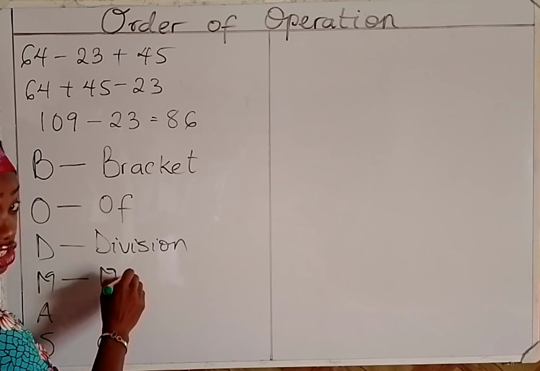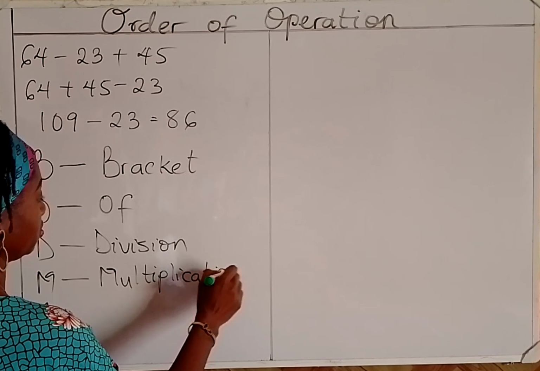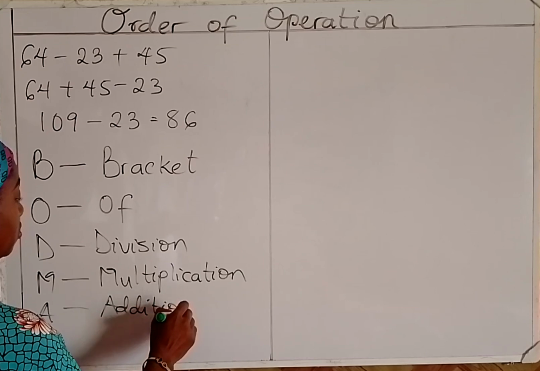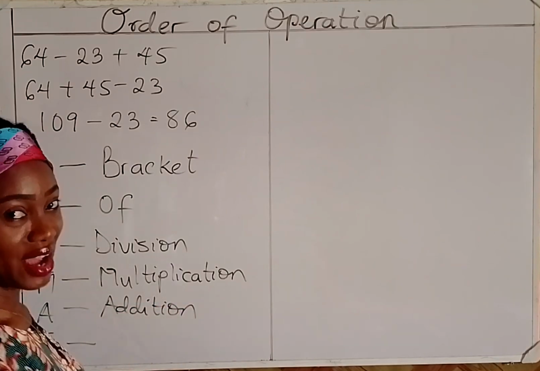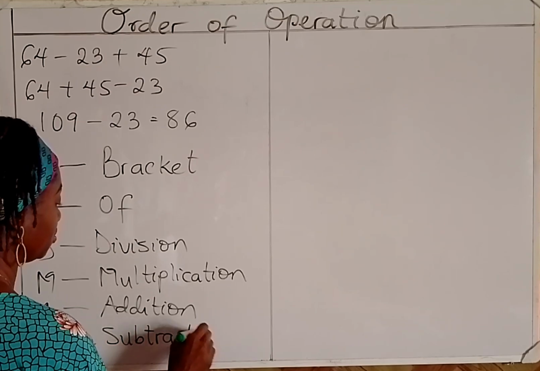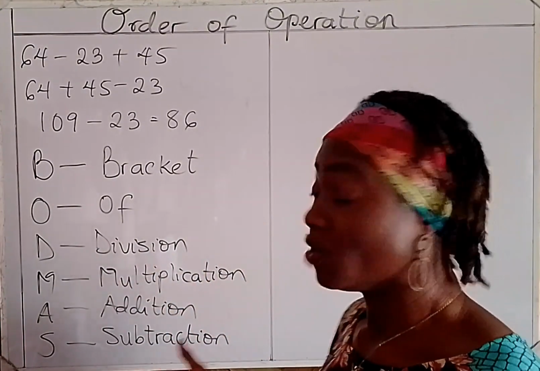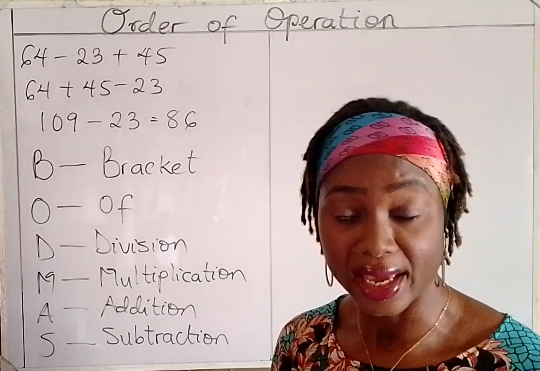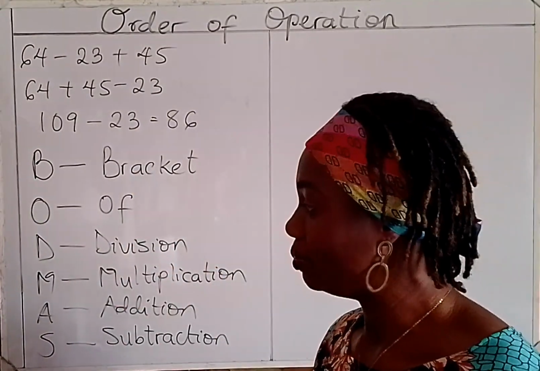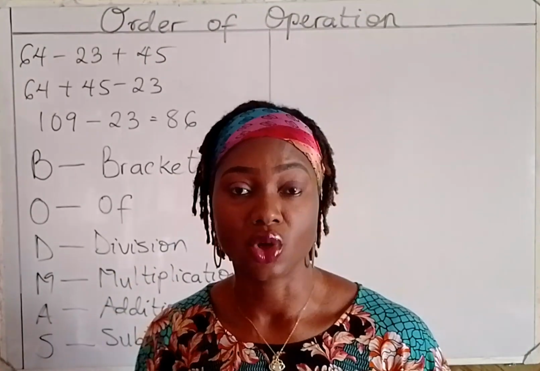M is multiplication. A is addition. And S is subtraction. Now this is the acronym for solving questions that have to do with brackets and other operations in the order of operation, which is called BODMAS. That's the simplest way to learn and remember the acronym for solving orders of operation.